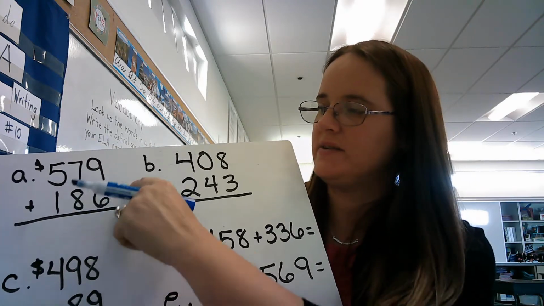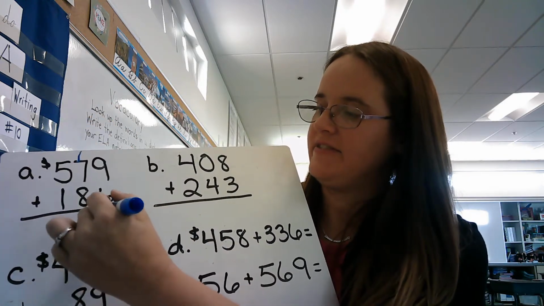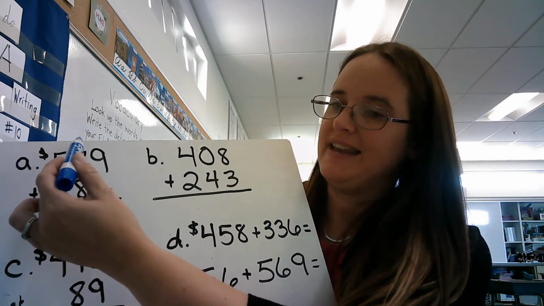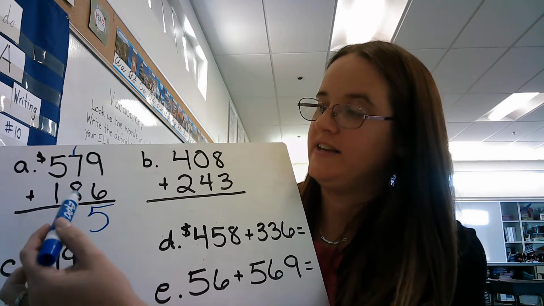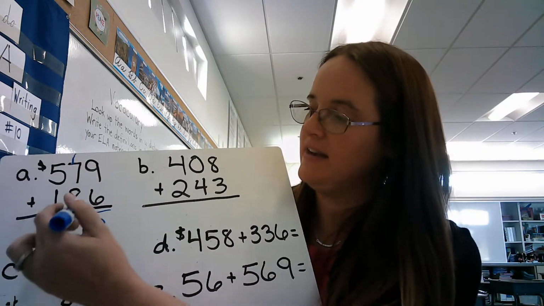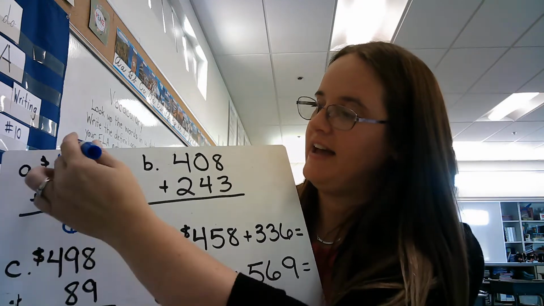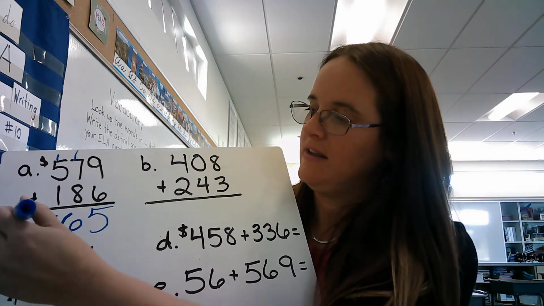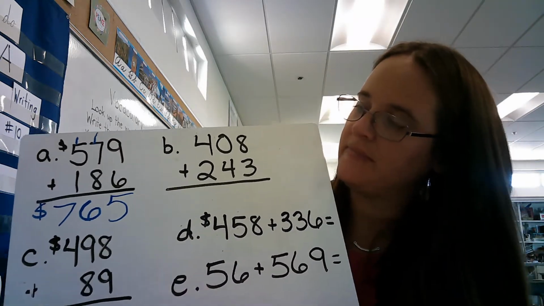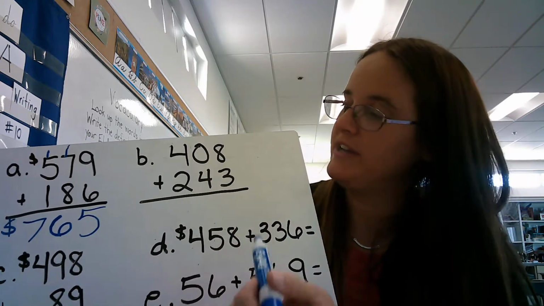I'm going to take one of these away to make that a 10, and I have 5 left. 8, I would make that a 9 using my extra 1 and then do my nines trick again. 8, 9 plus 7 is going to give me 16, and then 5, 6, 7. So we have an answer of $765.